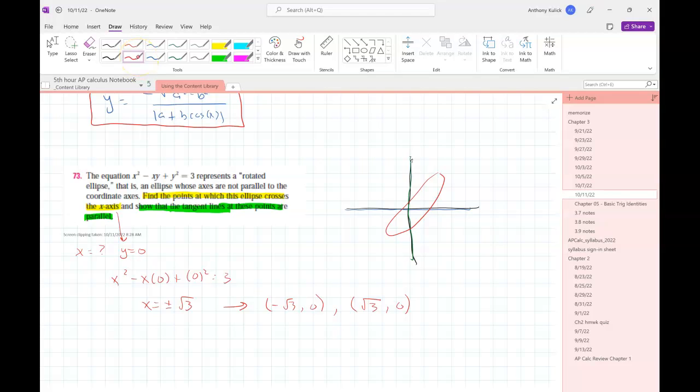So we need to show then that y prime of square root 3... how do I want to write that? What is WTS? Want to show.